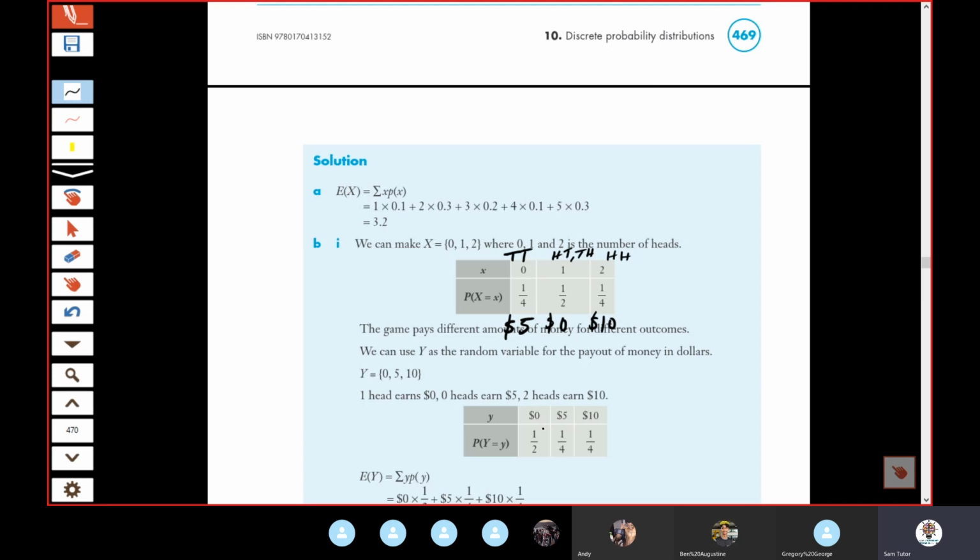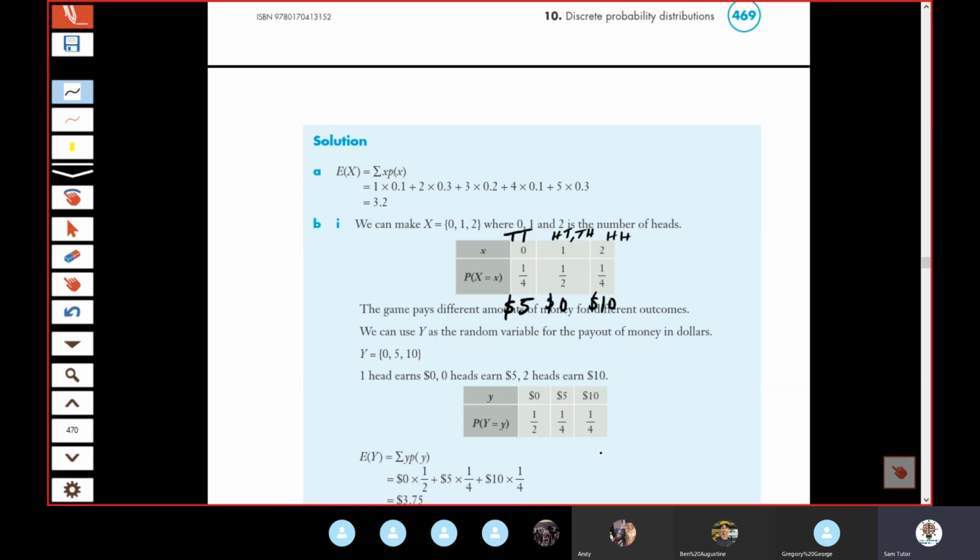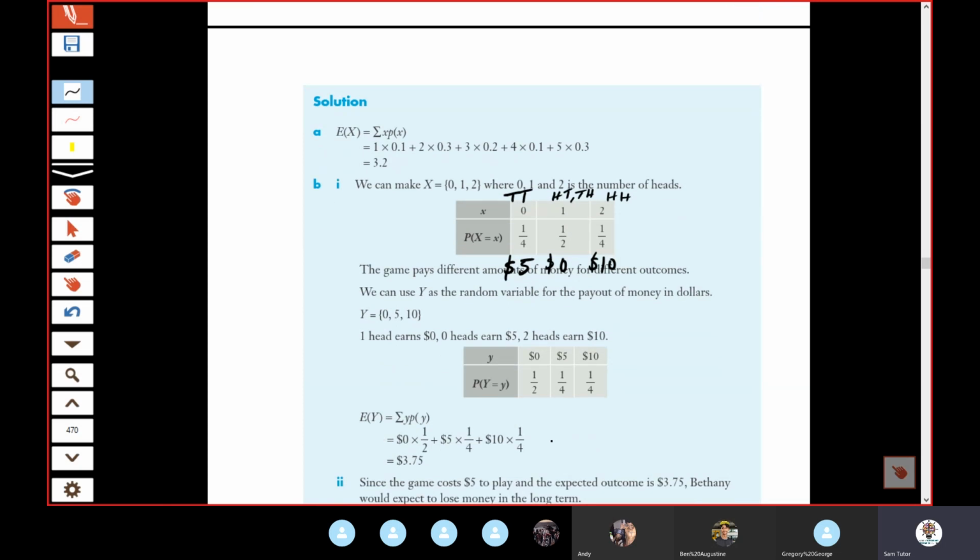And the expected value of that would be 0 times half plus 5 times a quarter plus 10 times a quarter. So a bit more work required for this one. You've got to first work out your probabilities, then work out the expected value of the amount that you'll be making.